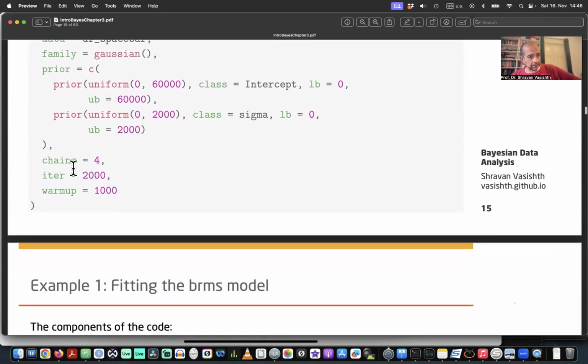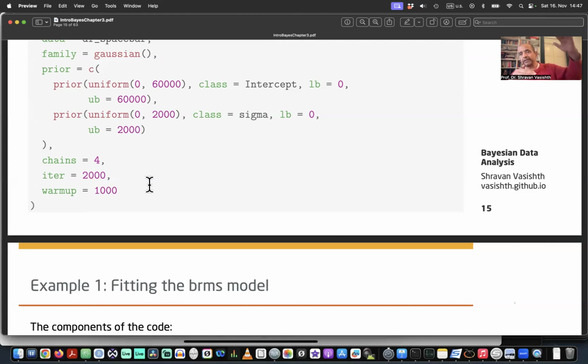And notice here, we have specified 4 chains, like I explained in the HMC lecture. We have set our iterations at 2000, and we've set up a warm up at 1000. The warm up refers to the fact that in the beginning, the HMC sampler may not be sampling from the correct distribution. So we drop the first 1000 samples and we only take the second 1000 samples in each chain, so that we don't get any of the wild explorations of the HMC sampler.